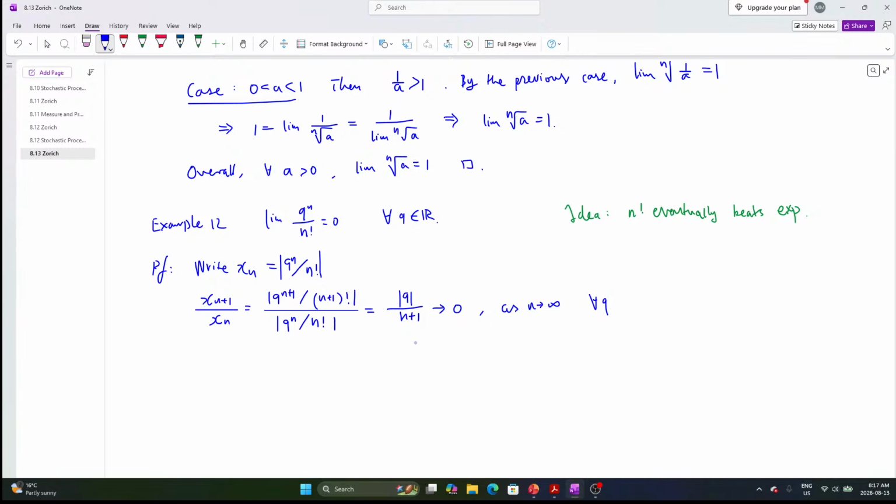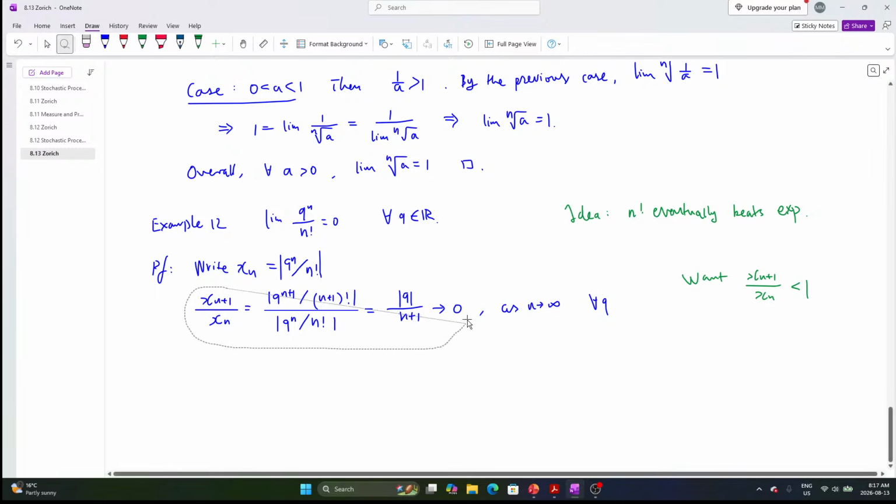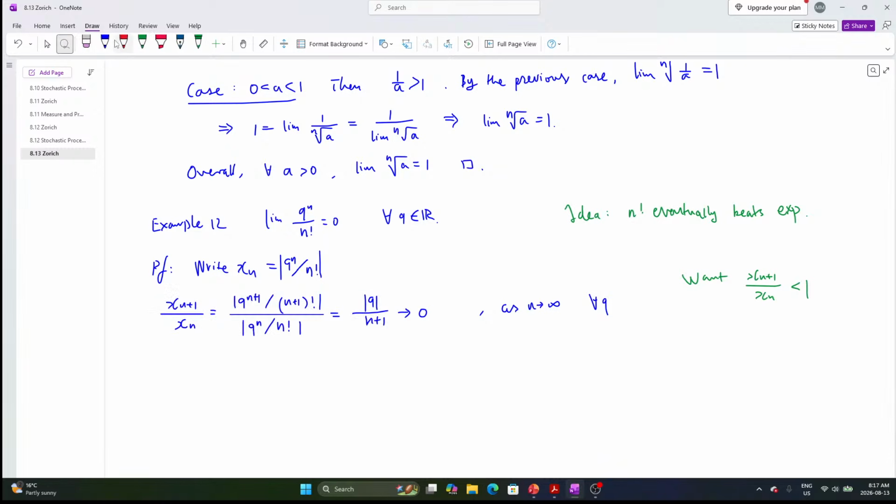We need to show, okay, what we want here. We want xn plus 1 over xn to be less than 1 eventually. But it's 0. Okay, so, wow. So it is less than 1. You just need it to be less than 1. Here you actually have it much better. So this is less than 1. Okay, cool. So yeah, you can just say this ratio is eventually less than 1. And we work from there.